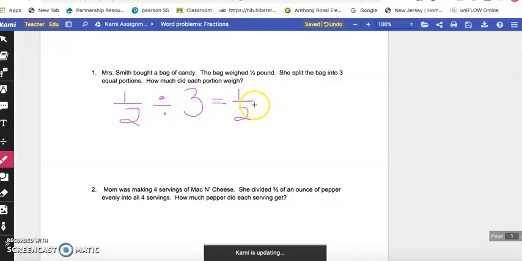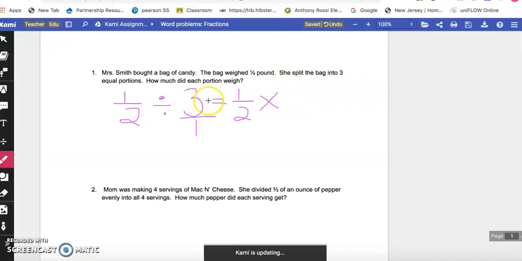Well, with division, we keep our 1/2. We can change our sign, keep, change, and then we flip. So to make 3 into a fraction, you just put it over a 1. So now we have 2 fractions to work with, and that makes it a little bit easier.